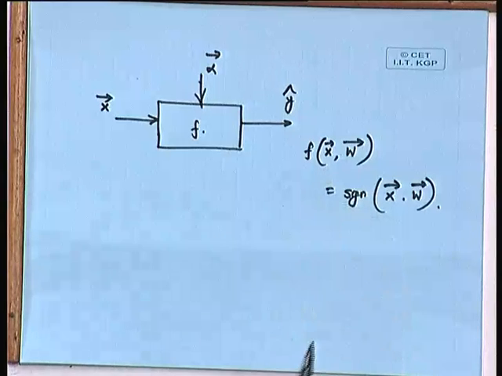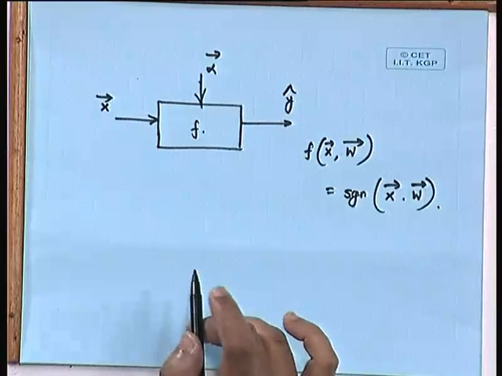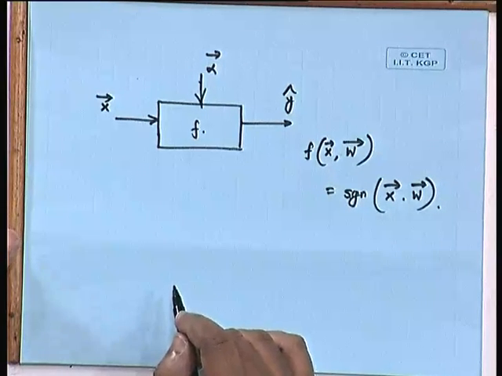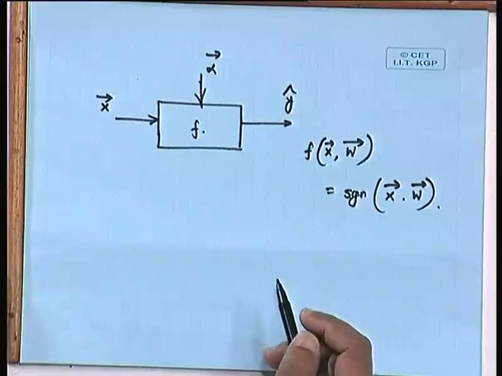where here too we assume a two-dimensional space. So, x vector is two dimensional, and w vector is also two dimensional.